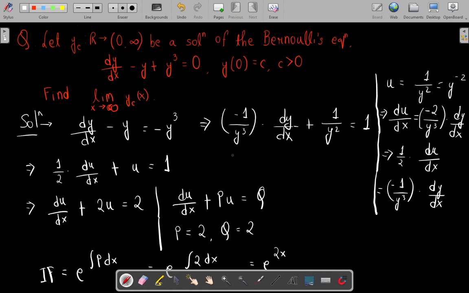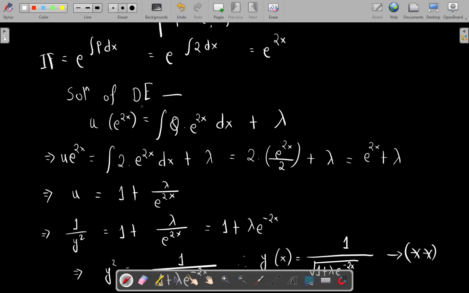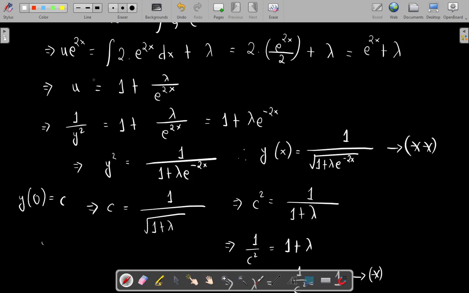So what are the steps we have done from the beginning? First, this is a Bernoulli equation. So we divided both sides by negative of y cube. Then we did a substitution, taking u equal to 1 upon y square. We converted it to a linear differential equation. Then we found out the integrating factor, then solved the linear differential equation in terms of u. Then we transformed u in terms of y again.